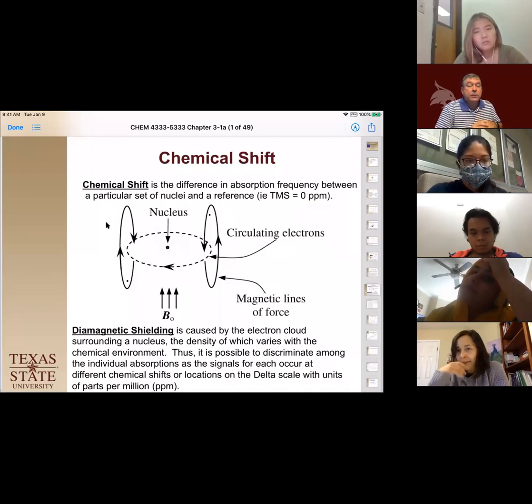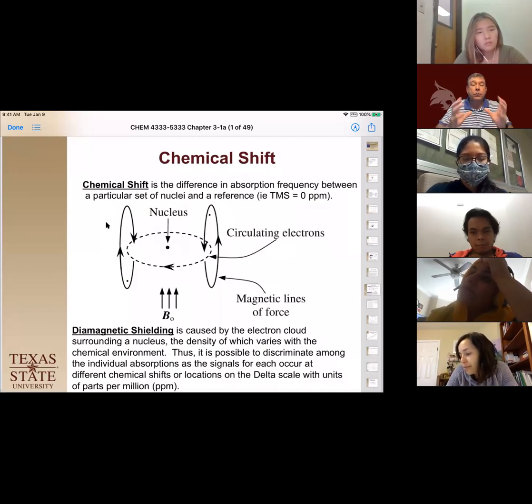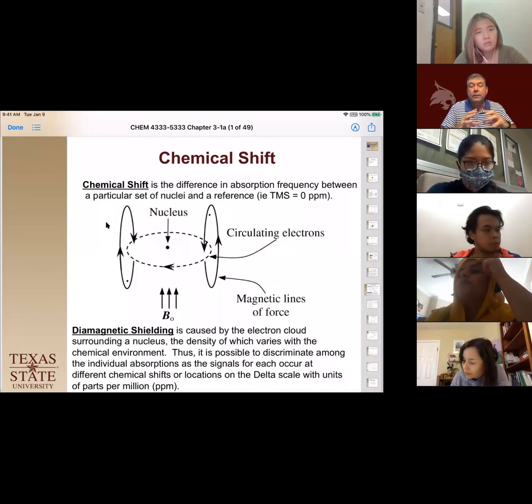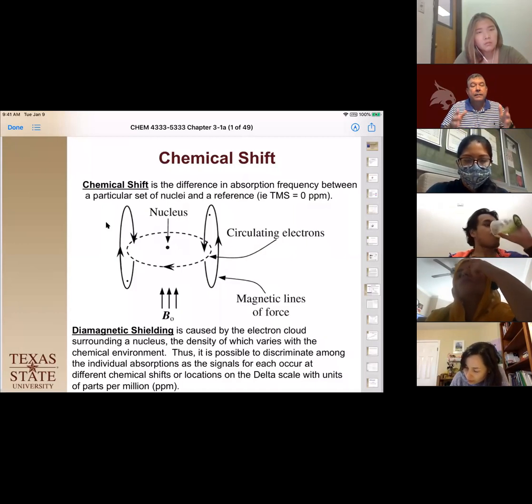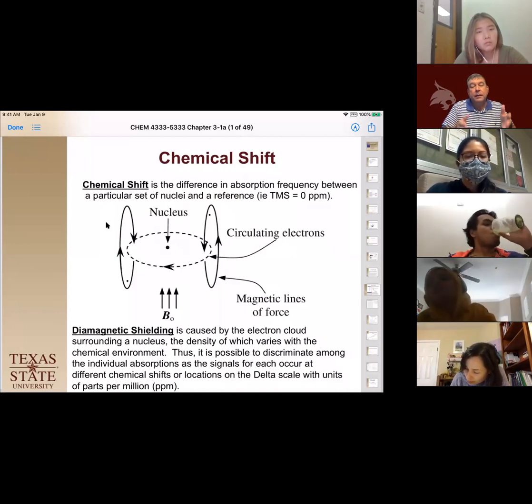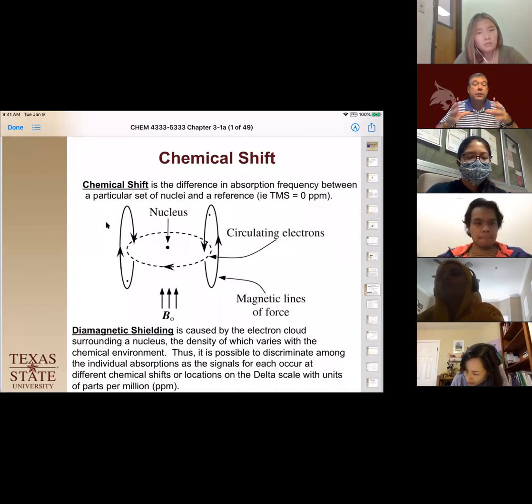Okay, so it's all about the electron configuration surrounding that hydrogen that tells us that. Now, what tells us how much electron density is around there? It's what it's attached to. For example, if you have a non-polar bond, you're going to have a fixed amount of shielding on there.